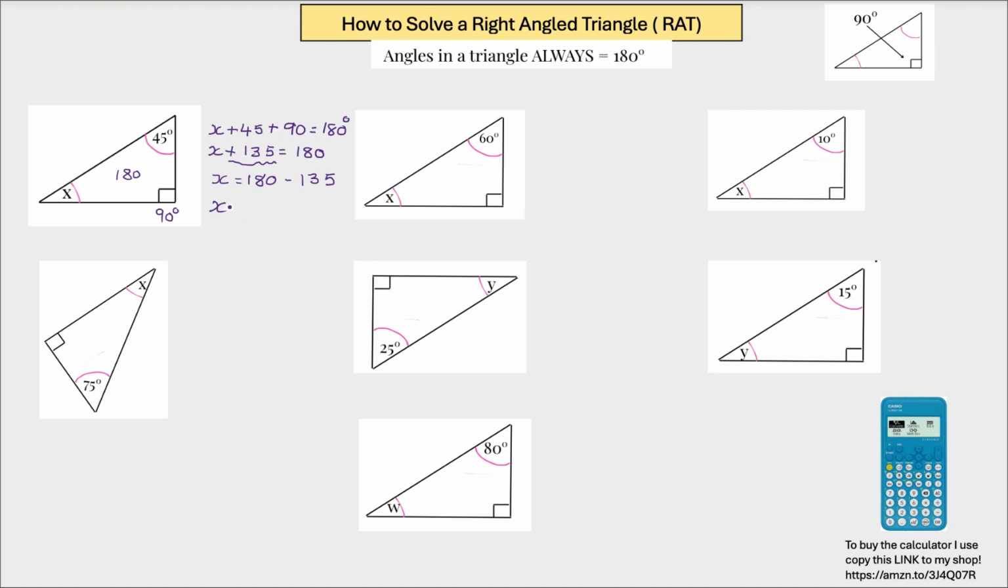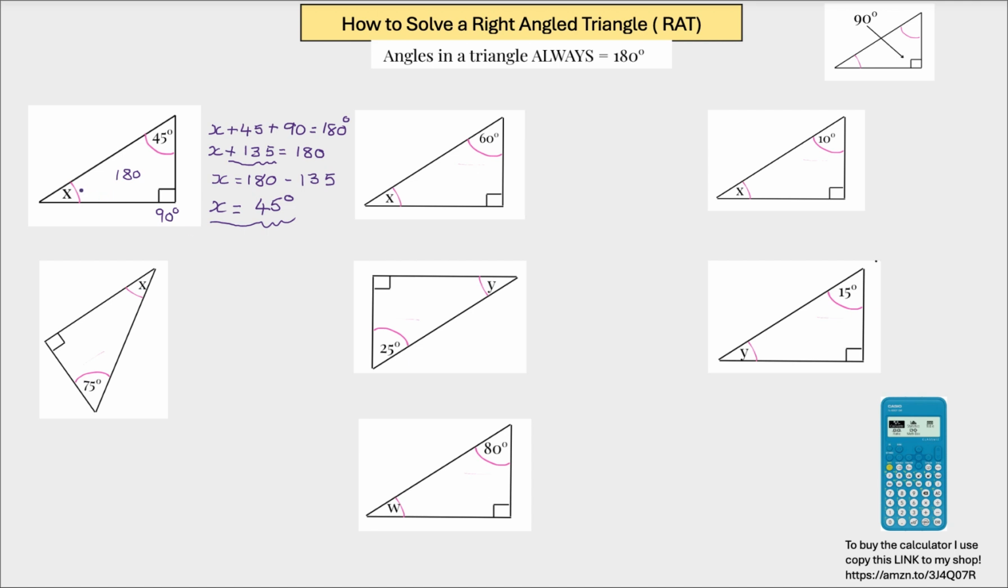But I know that x equals 45 degrees. So we now know that our answer here is 45 degrees.